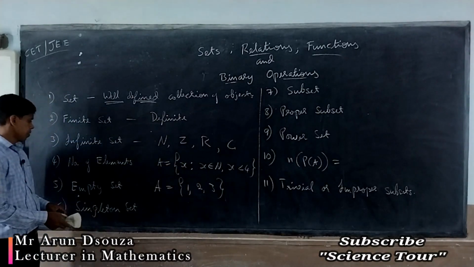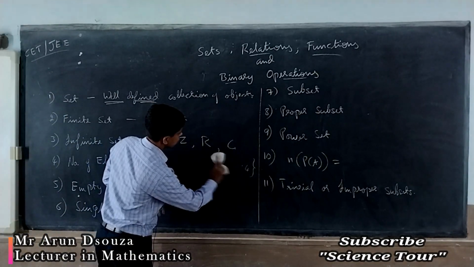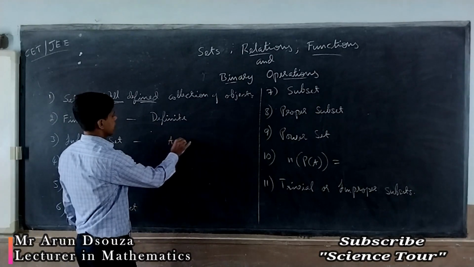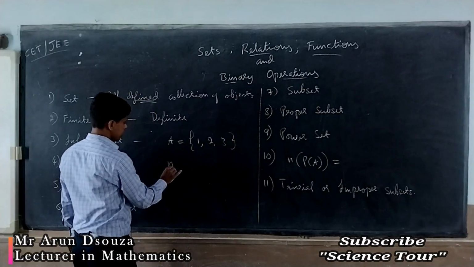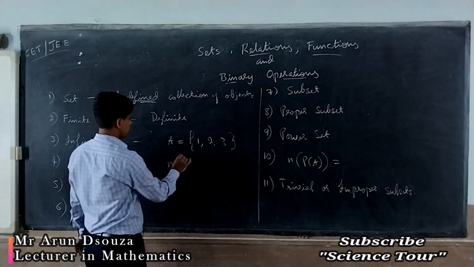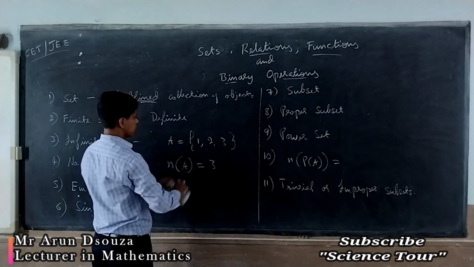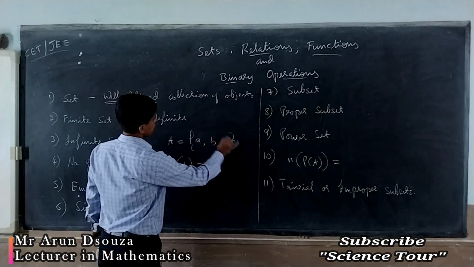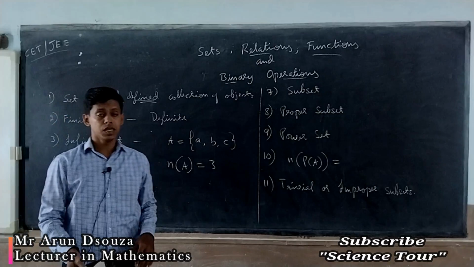Anyway, next, what do you mean by number of elements of a set? See, if A is equal to {1, 2, 3}, then what is the number of elements in A? 1, 2 and 3. You can have anything. You can have 3 alphabets, X, Y, Z. How many elements are there? 3 elements.